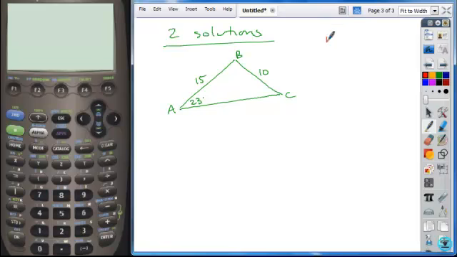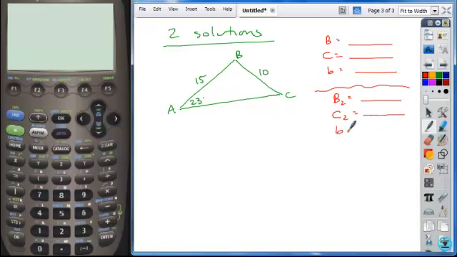So we have B, C, and side b. And then we have our second solution, we'll call it B2, C2, and side b2. All right, so when we work to solve this, what's the very first piece of information we can find up here in the top using law of sines?